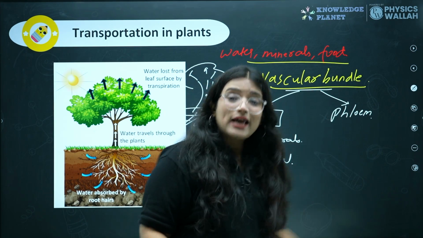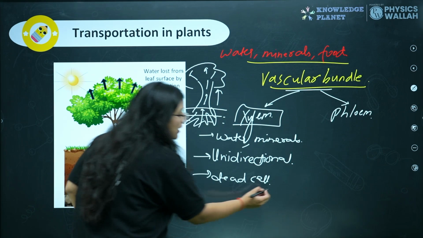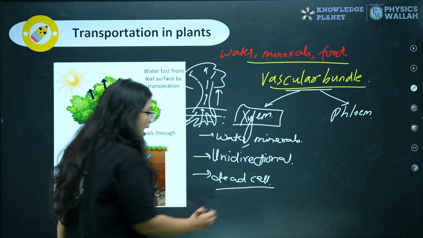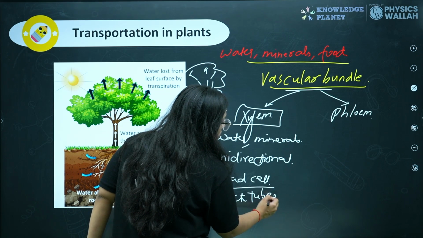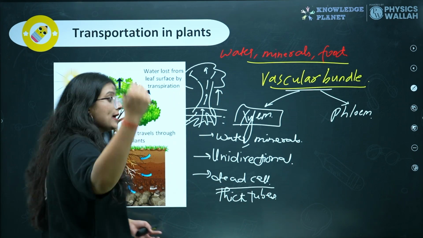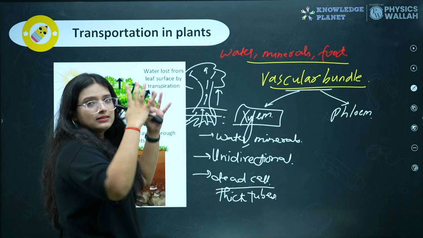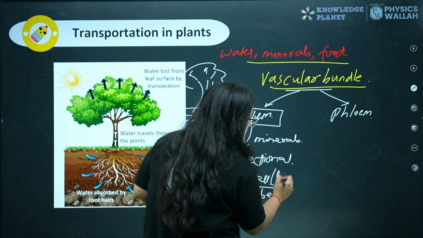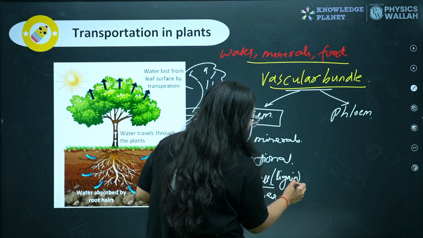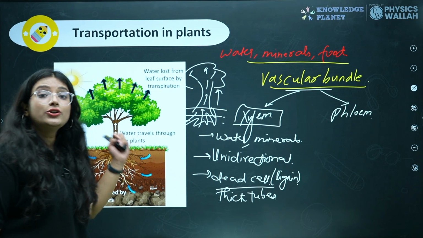That's why xylem are made up of dead cells and they are thick tubes, so that they can withstand this high pressure and support the entire tube. The dead cells have a lignin coating, and they are thick tubes.